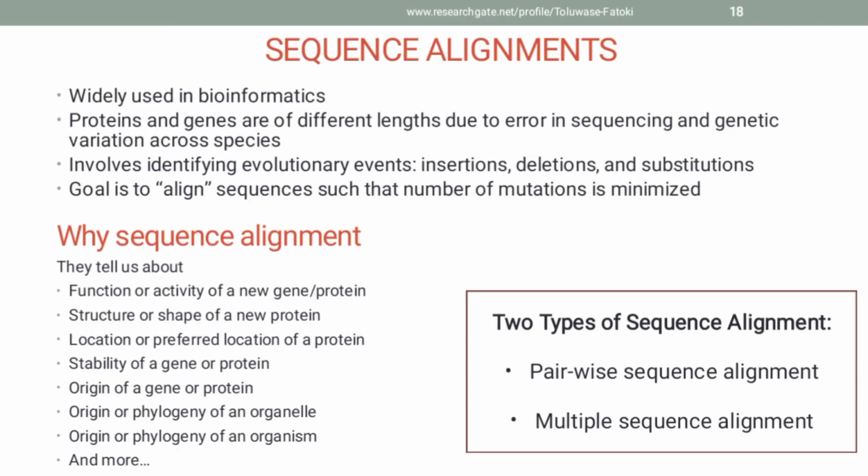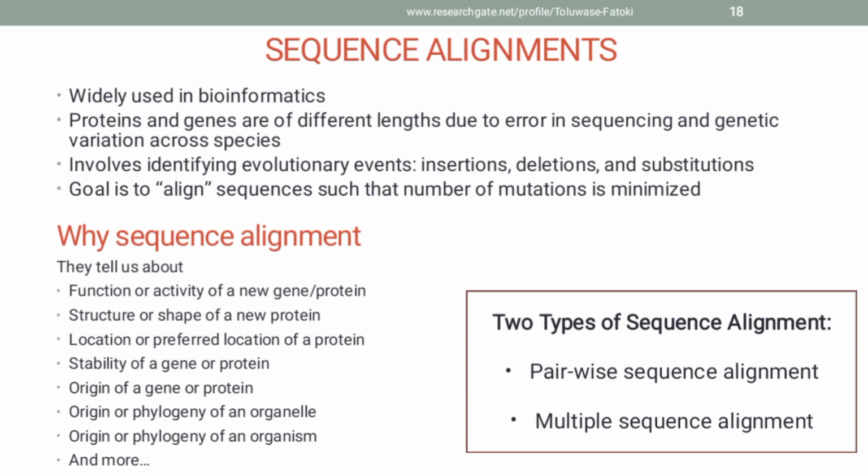Sequence alignment. When you have been able to download a DNA sequence, RNA sequence, or a particular protein sequence, you have to make sense of those sequences. You have to derive biological meaning from them.